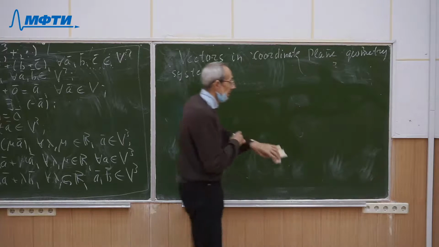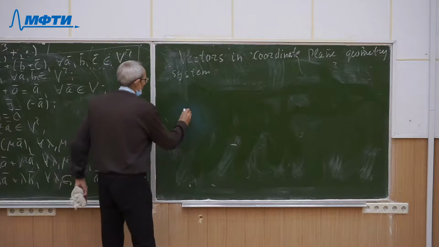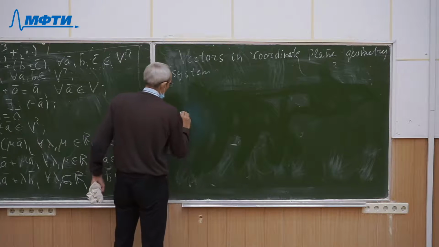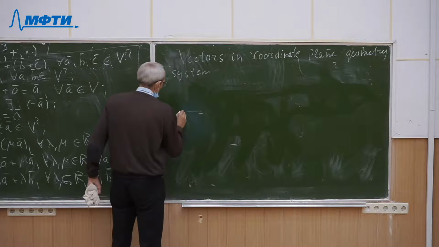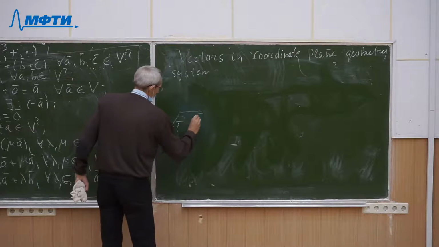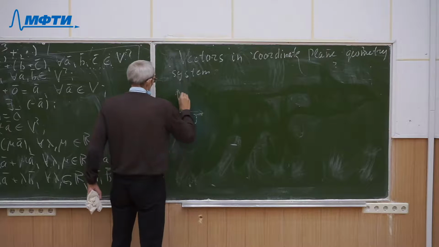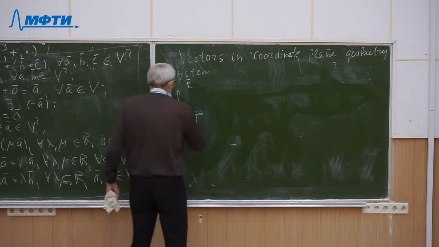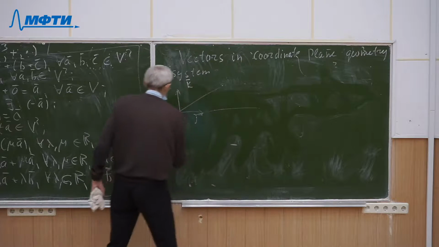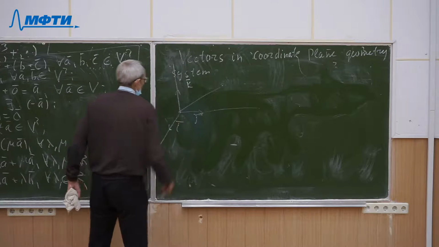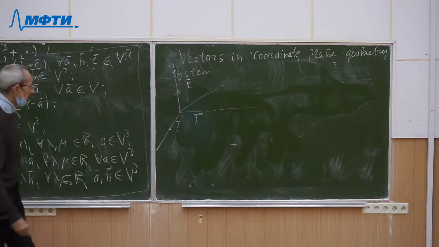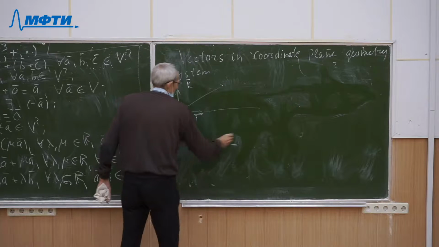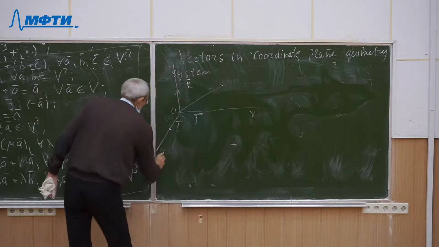We must consider a triple of vectors I, J, and K. And we can consider three straight lines x, y, and z.